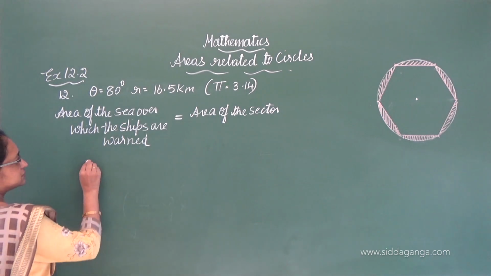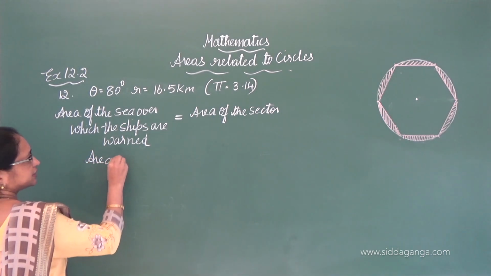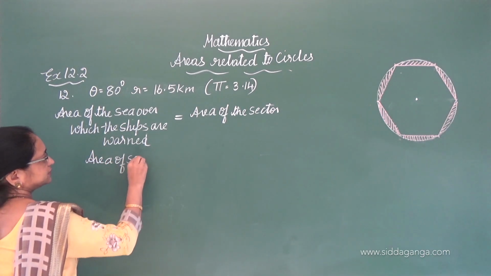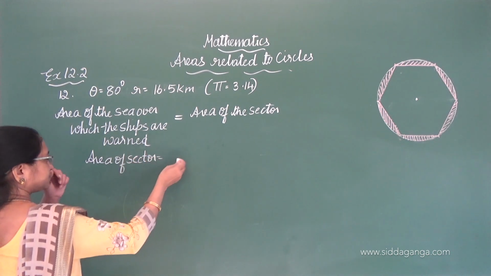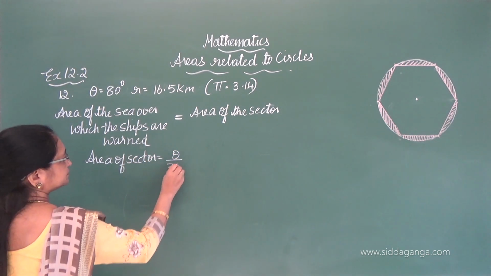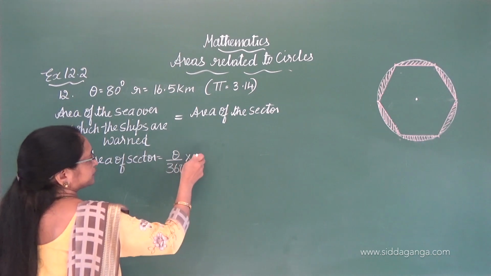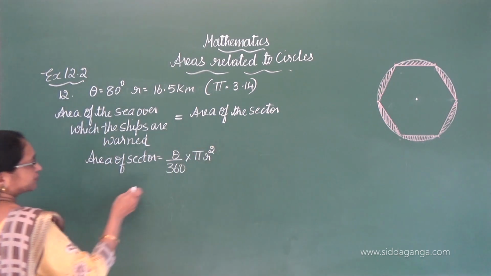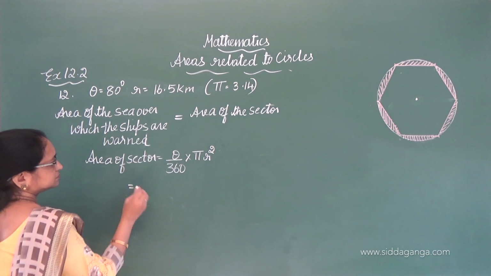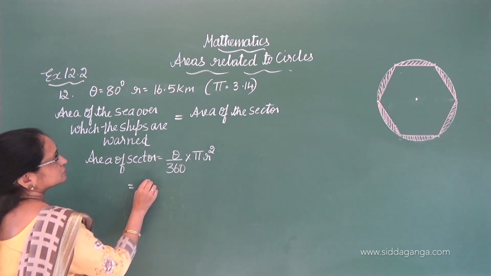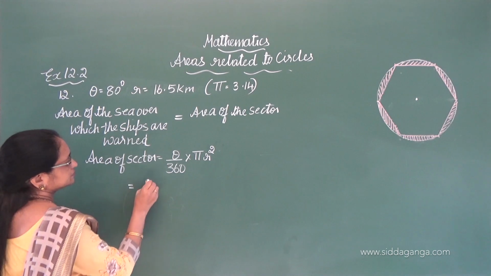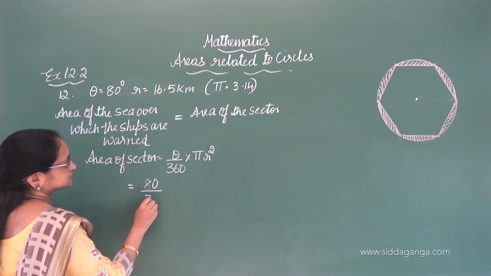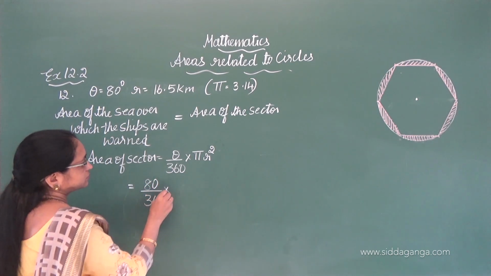So next directly you can write here, area of sector is equal to theta by 360 pi r square. This is the formula, and theta, of course it is 80 degree, 80 by 360 into pi.